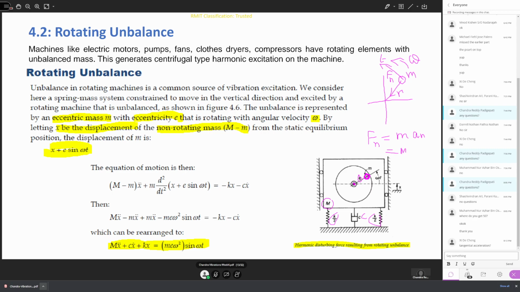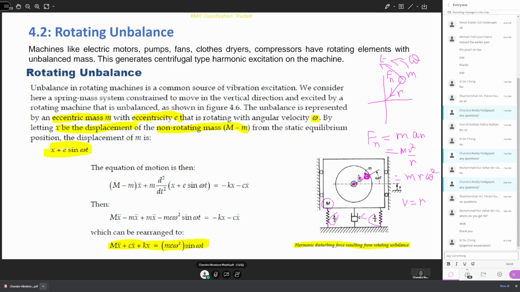So normal acceleration you can write two ways: v square over r. But v is r omega. So therefore you can write this as m into r into omega square, because velocity v is related to the angular velocity omega.